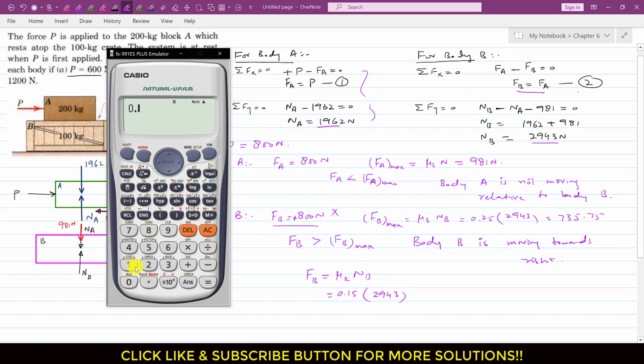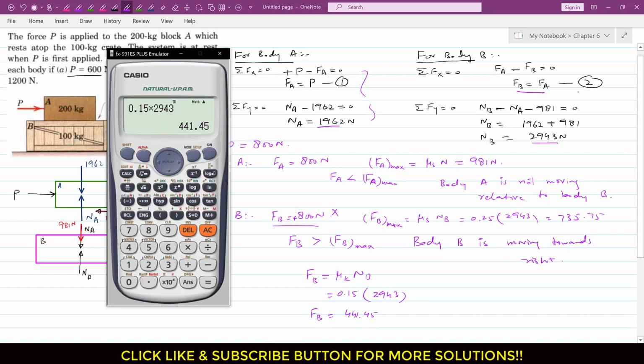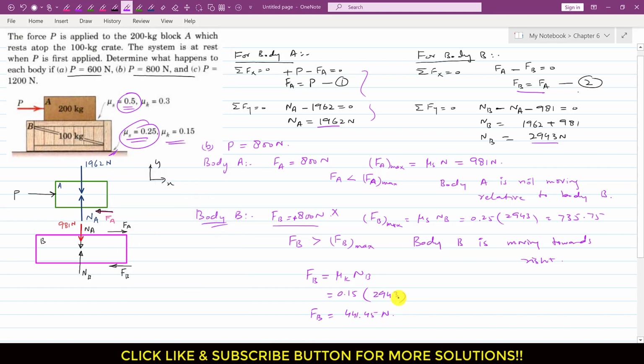So this is 441.45 Newtons, right? So if P is equal to 800 Newton, body A is at rest relative to body B, but body B is moving towards right, and FB is 441.45 and the direction of FB is towards left.